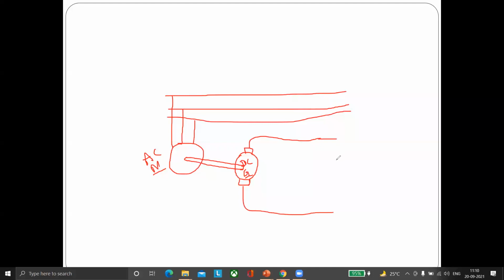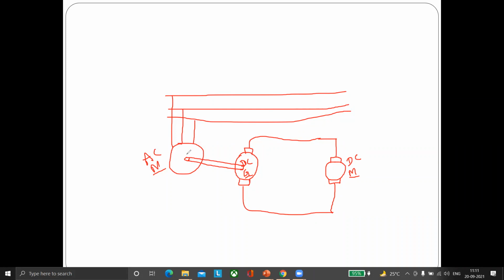DC power generate करता है, DC voltage. Yes, it will convert mechanical energy into electrical energy in the form of DC. Is it right? DC voltage को generate करता है, exactly right answer. So mechanical energy कहाँ से दे रहा है अपन को? Here. ये मैकेनिकल एनर्जी कहाँ से दे रहे इनपुट इसको, डीसी जनरेटर को?